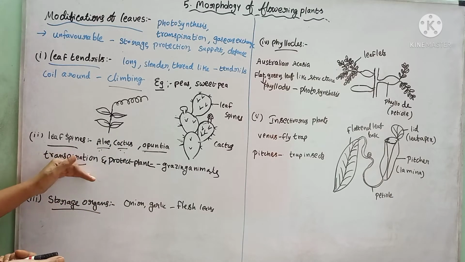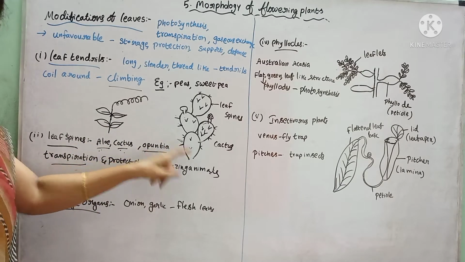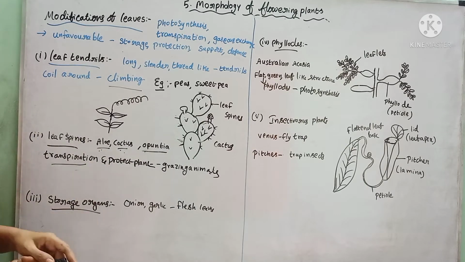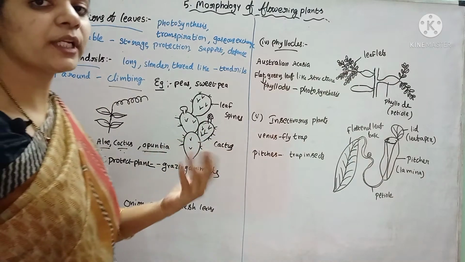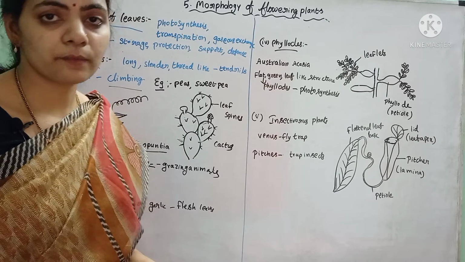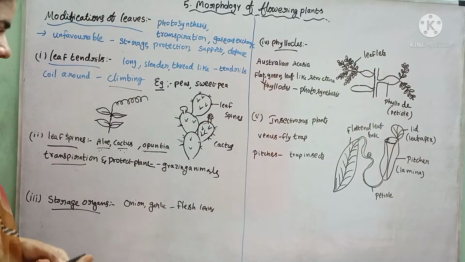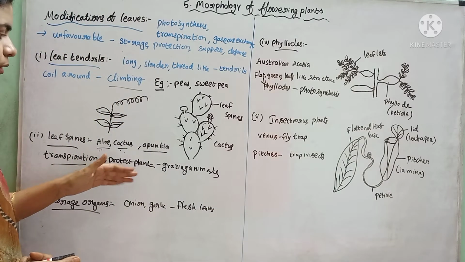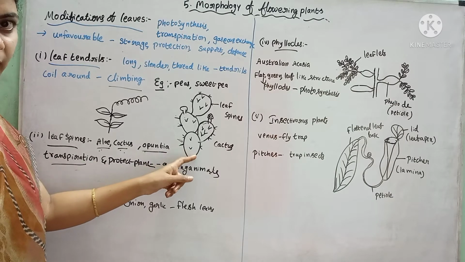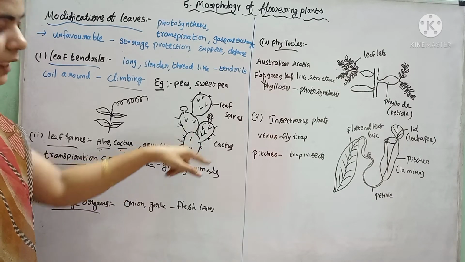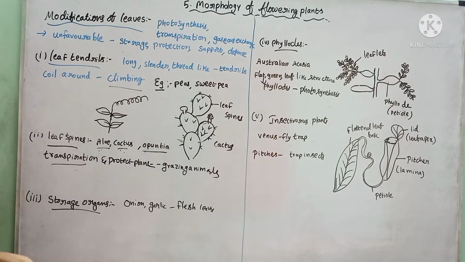So to prevent transpiration, the leaves have been modified into spines, and also to protect them against grazing animals like herbivorous animals. The spiny structures protect them against the grazing animals also. This is the structure of the leafy spines.